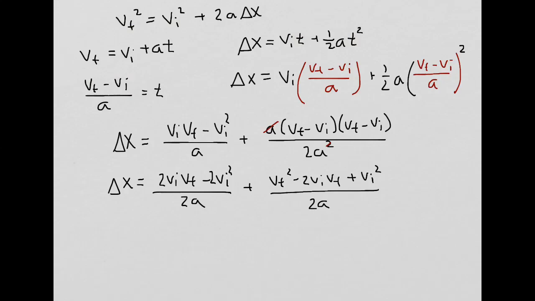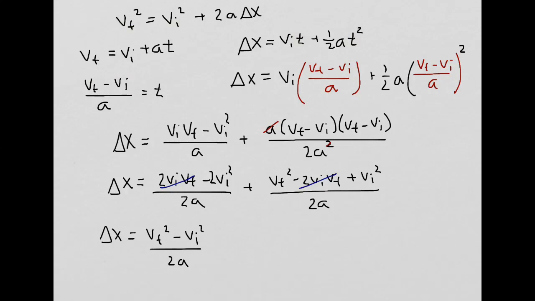Okay, I see now they have a common denominator of 2a, so I can add the two fractions. I see that these are going to cancel. And I'm left with delta x equals vf squared minus vi squared all over 2a.